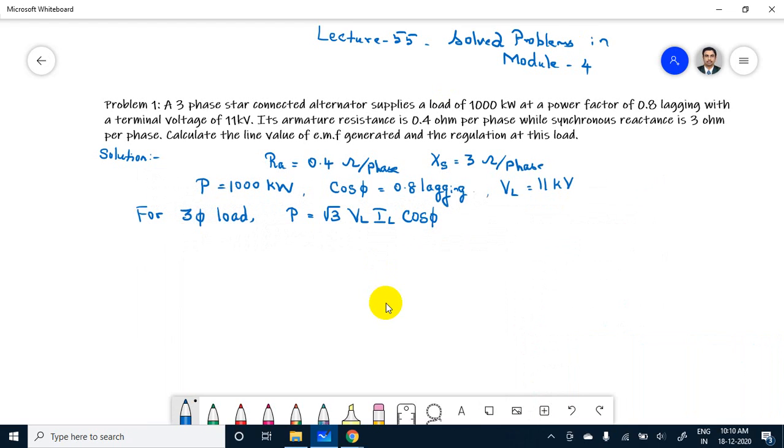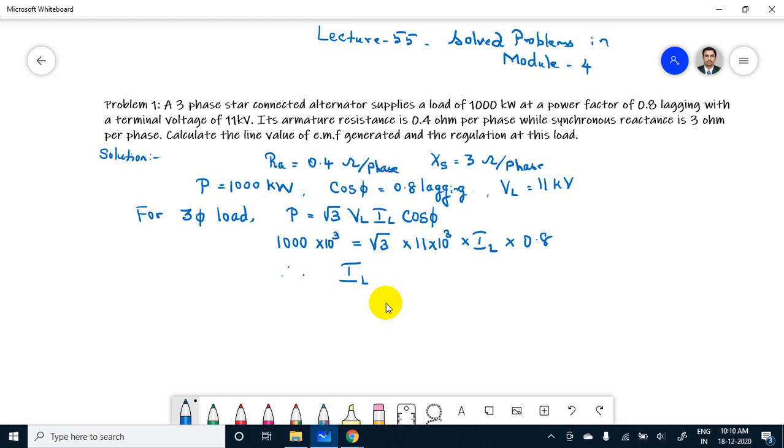Now substitute all the parameters. Power 1000 kilowatt, 1000 into 10 power 3 equal to root 3 into VL 11 kilovolt, 11 into 10 power 3, into IL cos phi 0.8. So therefore IL equal to how much?